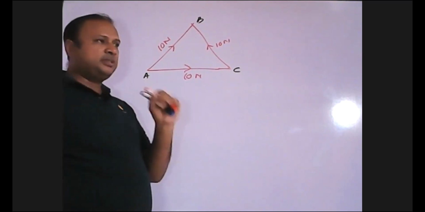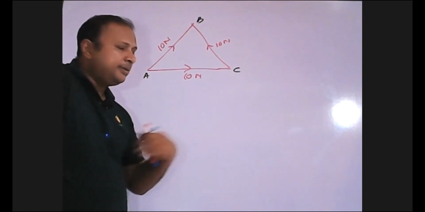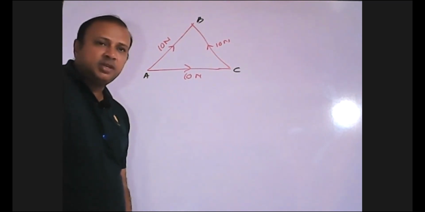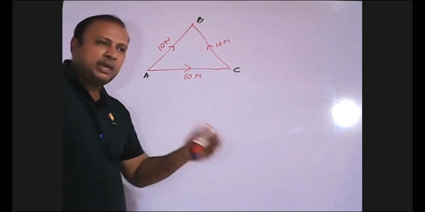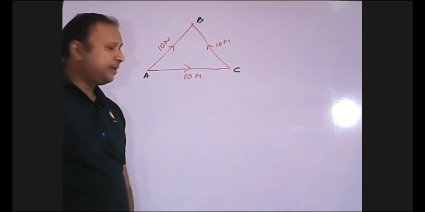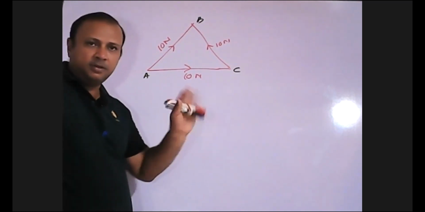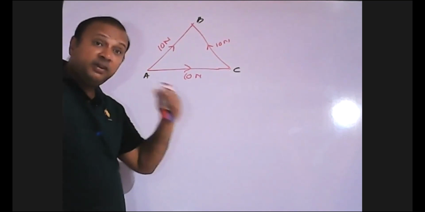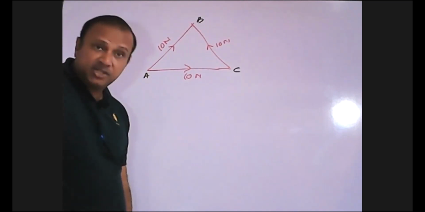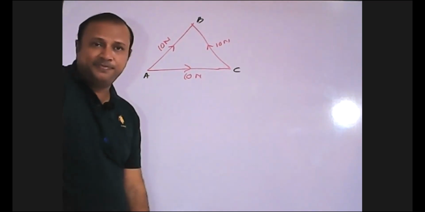Suppose the question says the vector system is represented using directions only, not in magnitude. If it is represented in direction only, then we cannot apply the vector addition theorem.